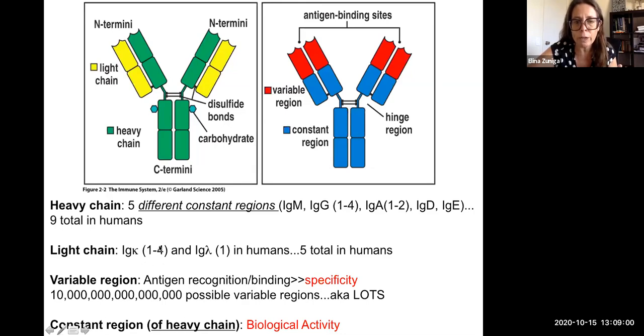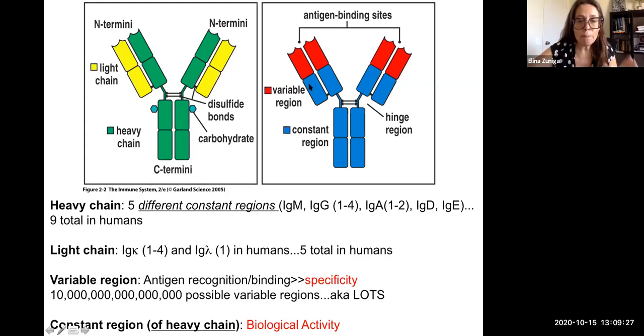So there are 4 different subclasses of the kappa constant region, the immunoglobulin kappa of the light chain, and 1 immunoglobulin lambda chain, okay? So in total, there are 5 different constant regions of the light chain, this part here.